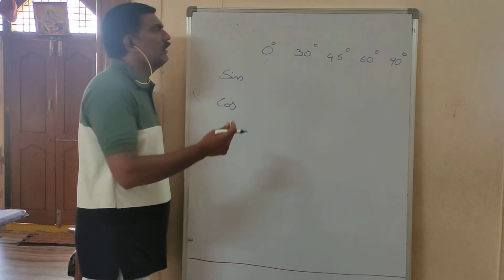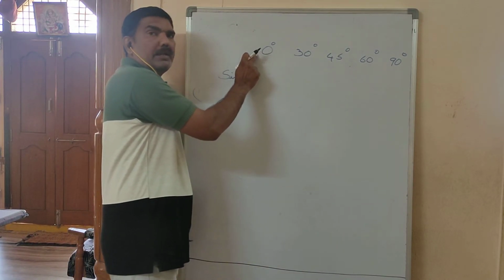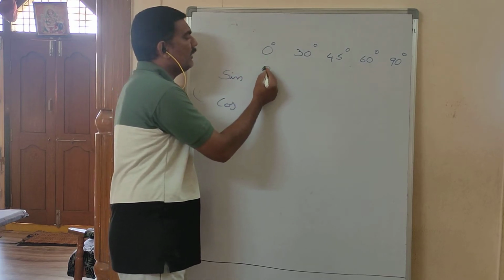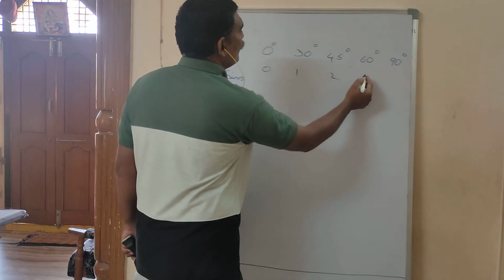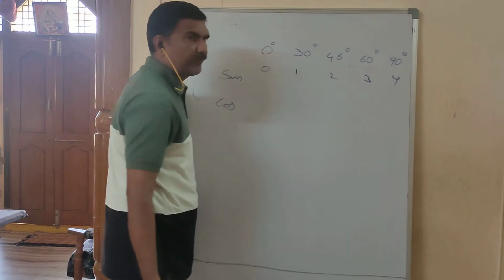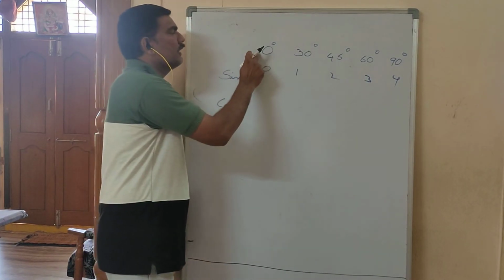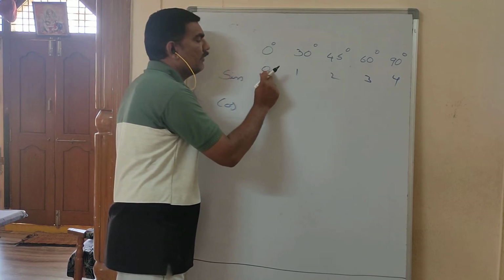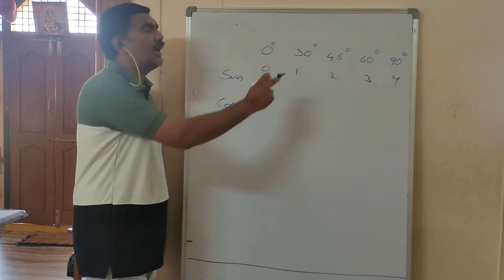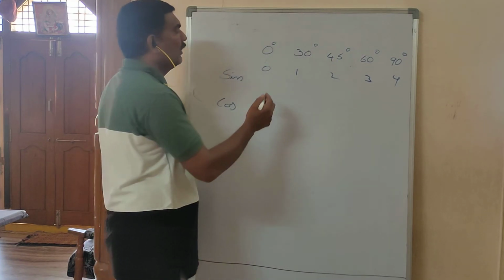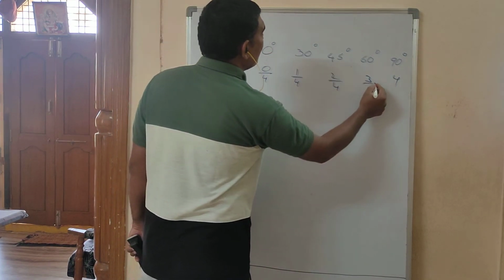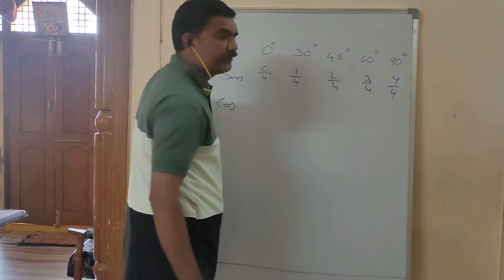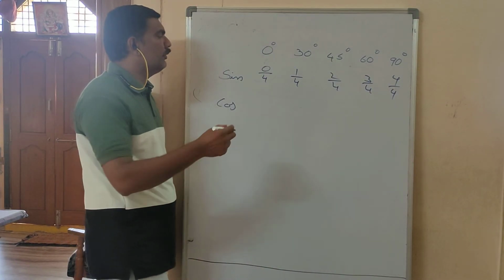So see here, you are starting with 0. So write 0 here. After 0, the next whole numbers are 1, 2, 3, 4. Here you started from 0 onwards. What is the last number? 4. So divide all the numbers by 4. Then what you have to do?